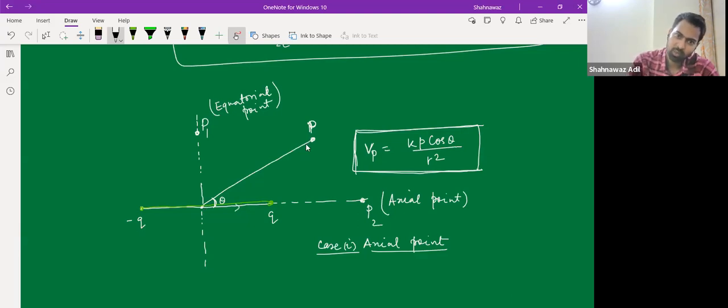But this point is shifted to this point. This P is dropped down, and this is here. Now you tell me what is the angle between the dipole moment and this point.